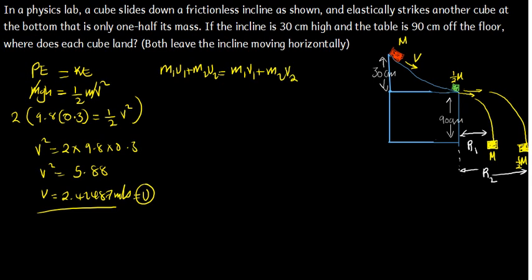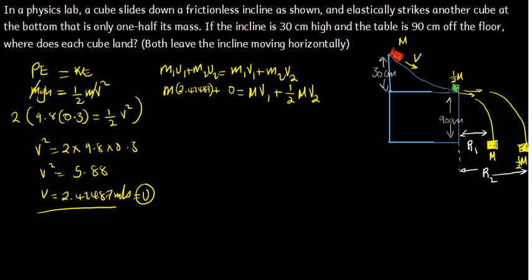Now m1 is just m, u1 is the initial velocity we've calculated, 2.42487. m2 was initially at rest, so u2 is 0, and that is equal to m1, which is simply m, times v1, plus m2, which is half of m, times v2.